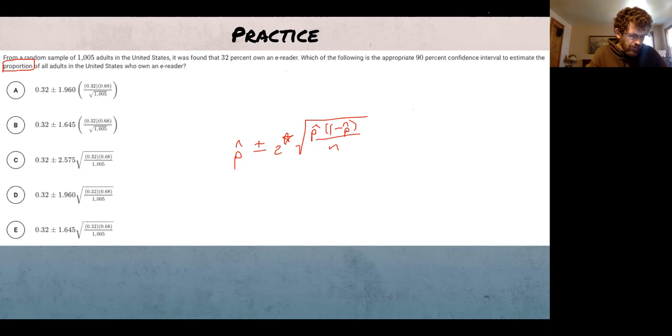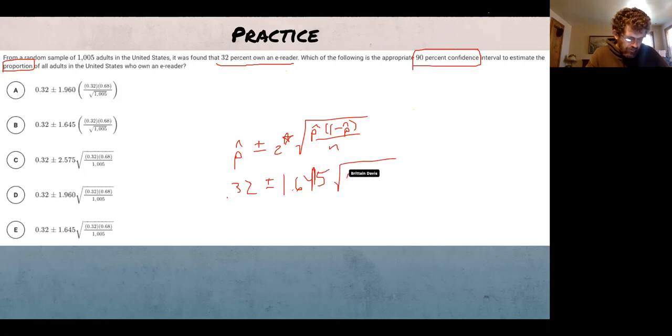So we found that 32% on an e-reader from a sample. So I got 0.32 as p hat plus or minus the z star. It's a 90% confidence interval. This is one you'll probably want to go back to the table to double check. I believe it's 1.645 is the critical value for 90% when it's a z star. And now I can plug in more values.